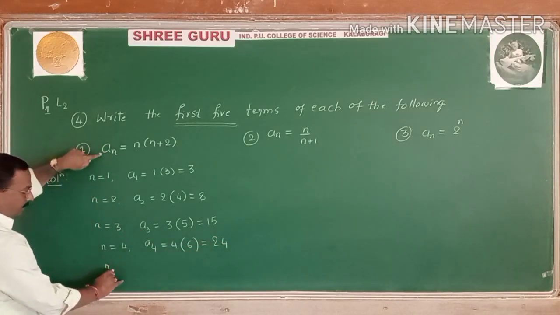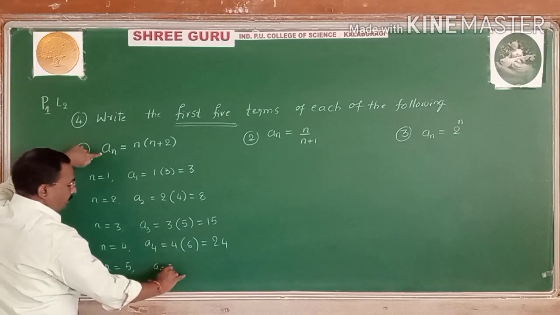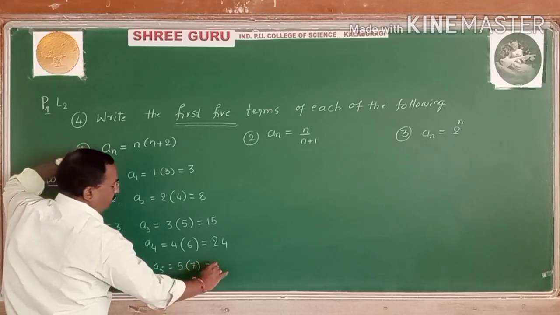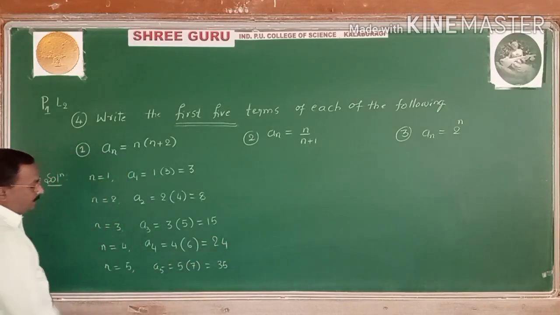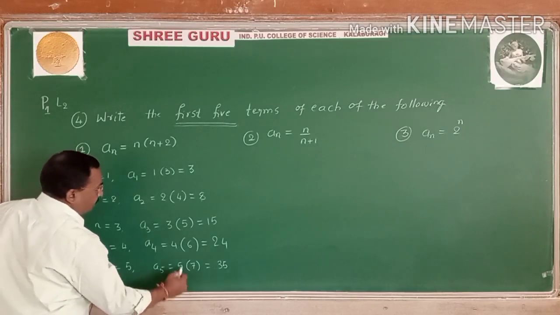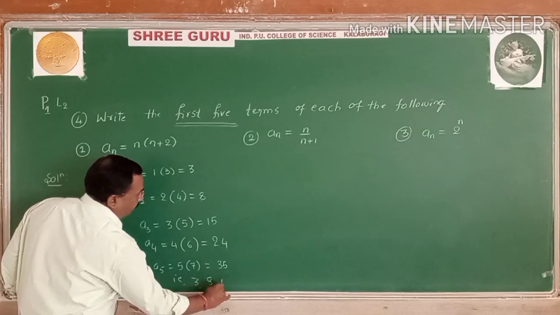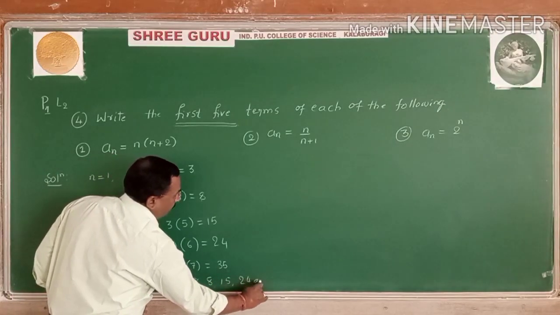Next, n is equal to 5, a5 is equal to 5 into (5 plus 2), 5 into 7, is equal to 35. The corresponding sequence is 3, 8, 15, 24 and 35.